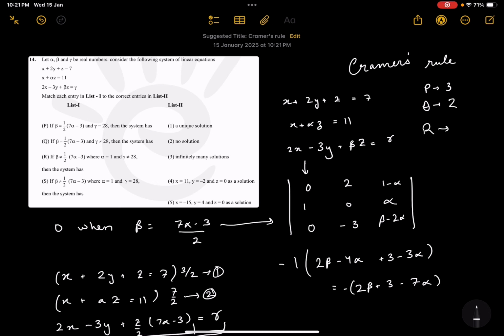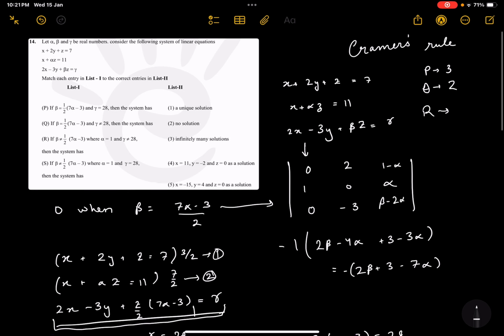Then R, if beta is not 7 alpha minus 3 by 2, alpha is 1, gamma is not 28, then we'll have a unique solution.